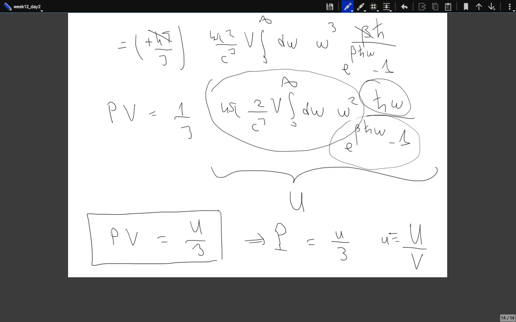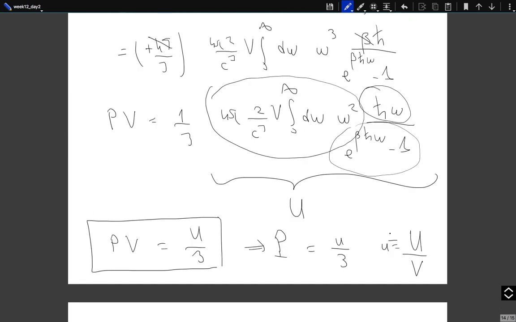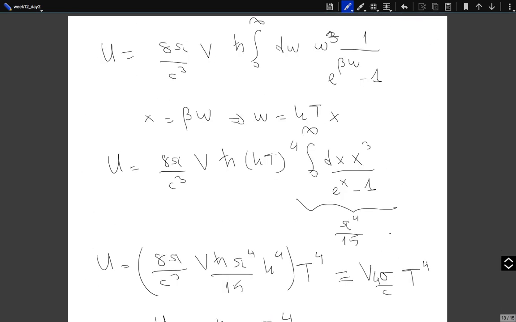So we also know the energy density. Well, what about the spectrum of this energy?